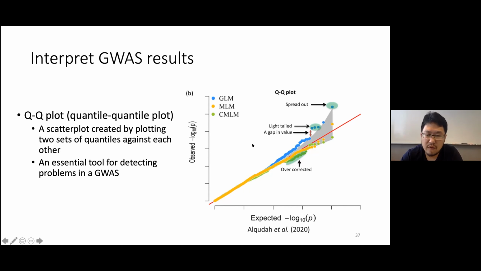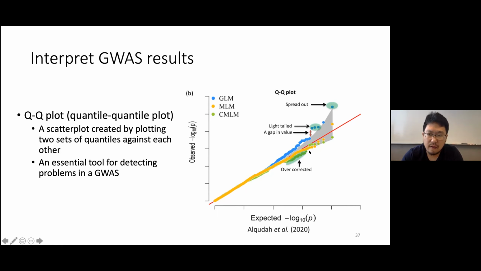So if you see something like the blue dots, that's probably a good sign, because there are some SNPs with p-values more significant than expected. Especially when they spread out, it could be a significant hit. And if you see situations like the yellow dots here, aligning with the expected line, then it probably means that there are no significant hits at all.